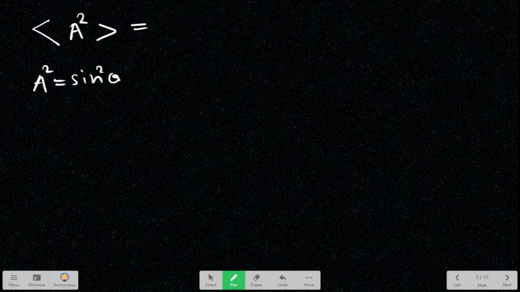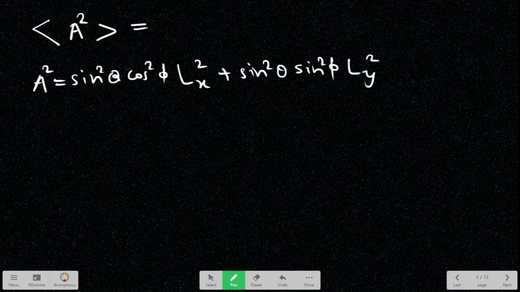Now let's calculate the expectation value of A square. A square is equal to sin square theta cos square phi Lx square plus sin square theta sin square phi Ly square plus cos square theta Lz square plus cross terms.